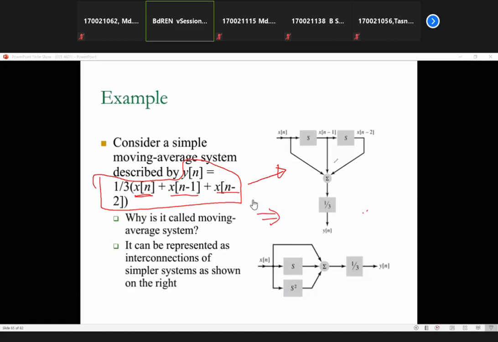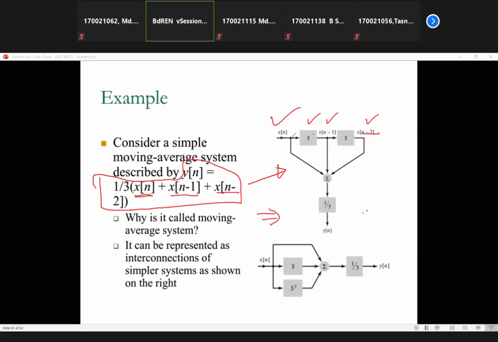One possible way is this: your input is fed to a shifter with index +1, making you shift one time unit to the right. This shifted signal is then applied to another shifter with index 1, further shifting it by one sample. So the output of the second shifter will be x[n-2]. Then you have a summer.